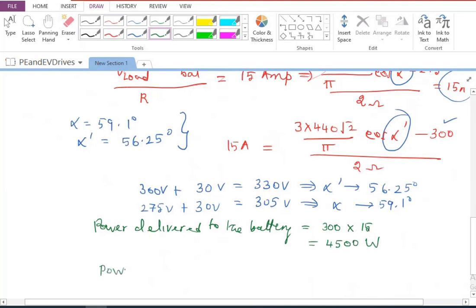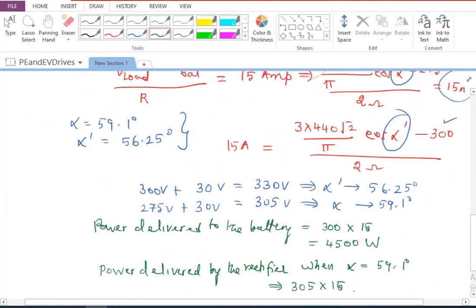But power delivered by the rectifier when alpha is equal to 59.1 degrees, that is going to be 305 multiplied by 15.